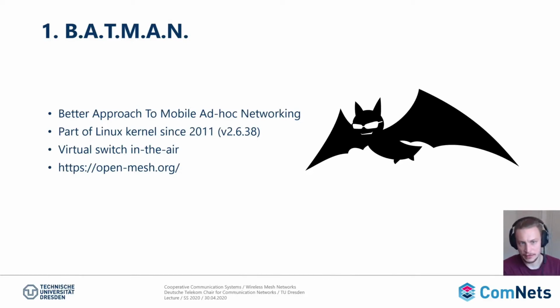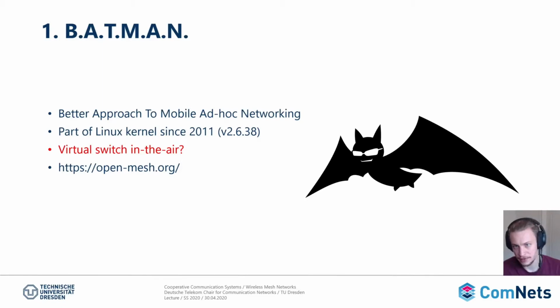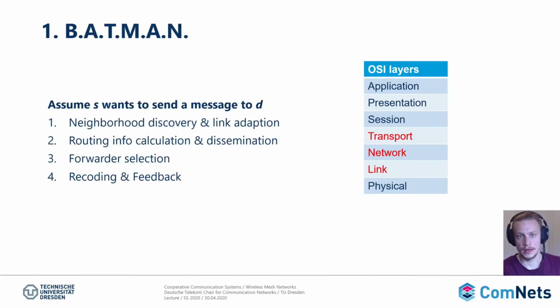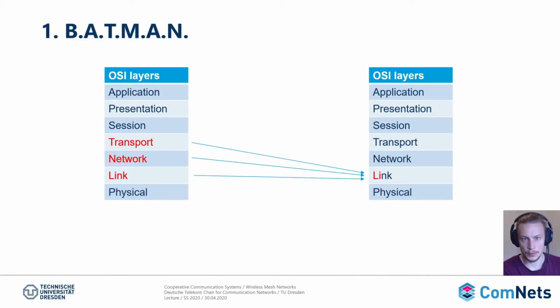So B.A.T.M.A.N works as a virtual switch in the air. The question is, what does this actually mean? B.A.T.M.A.N performs all these tasks belonging to the transport layer, the network layer, and the link layer, but it does so within the link layer itself.